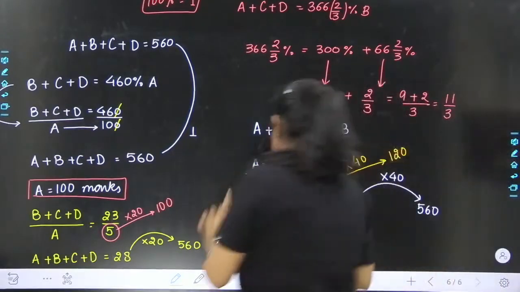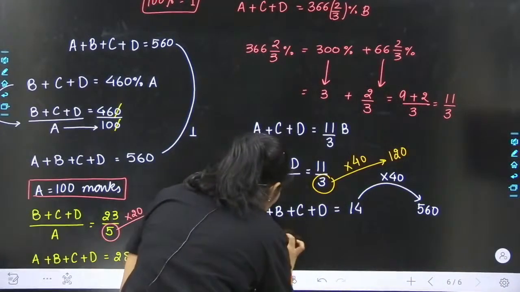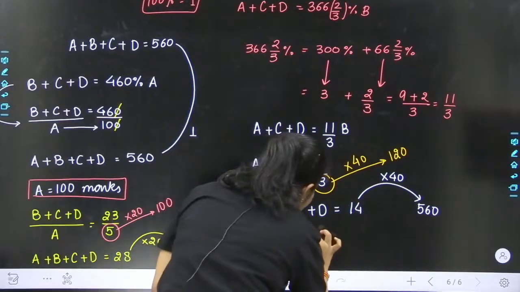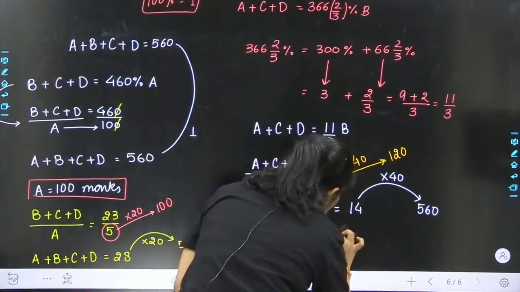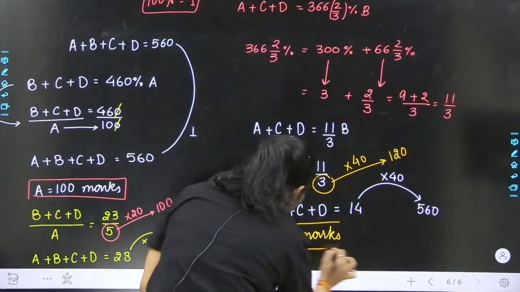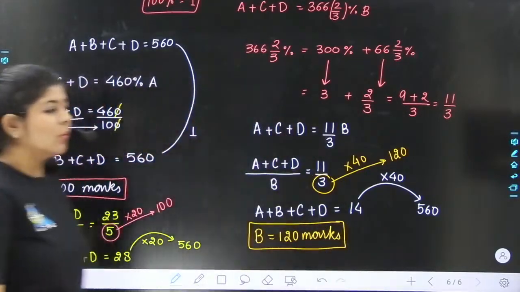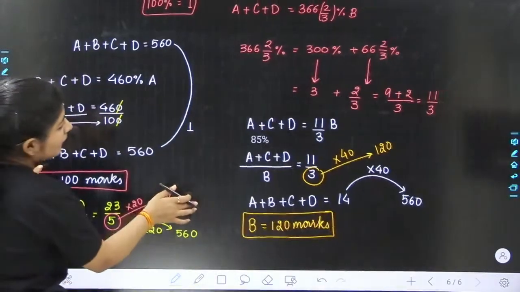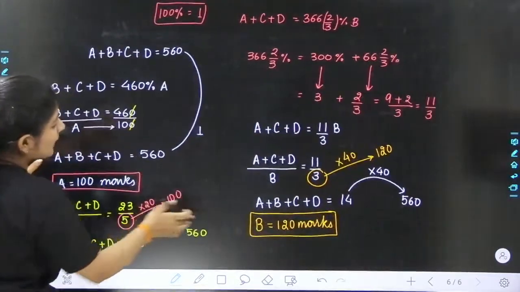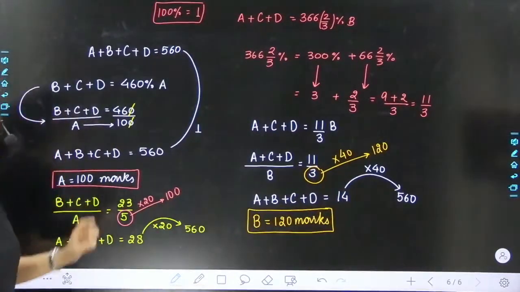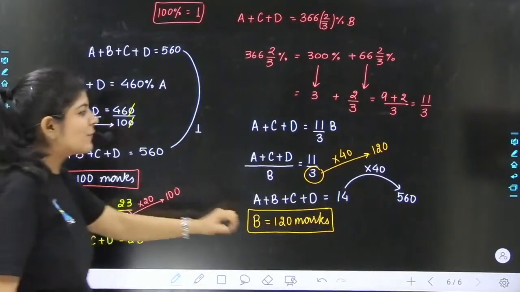That means the marks scored by B is equal to 120. Here, with the help of two equations, we calculated the value of A as well as B.